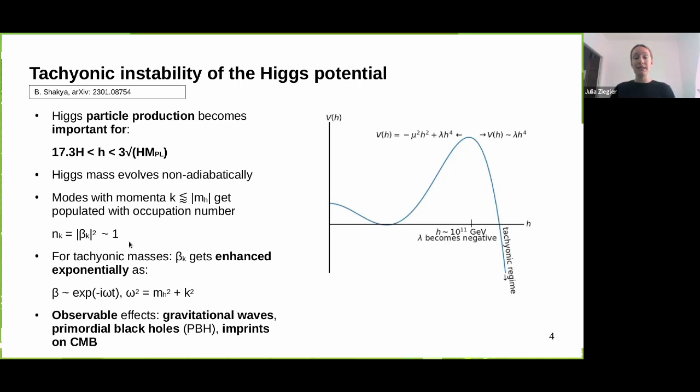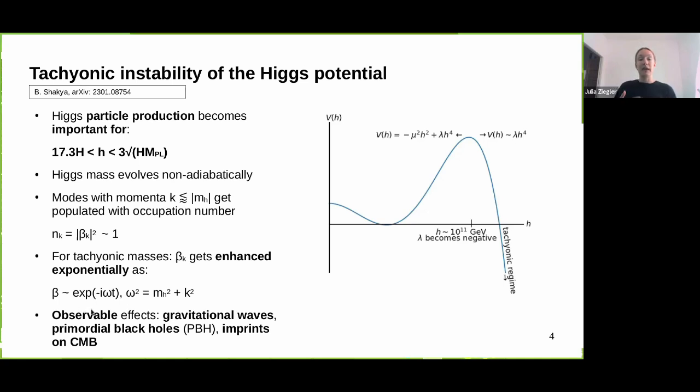And for tachyonic masses, this Bogoliubov coefficient beta gets exponentially enhanced. The enhancement factor you can see here. And then this omega squared is the mass squared plus the wave number k squared, and the mass squared in the tachyonic regime is negative, so the omega squared would be negative, and then this exponential would be positive.